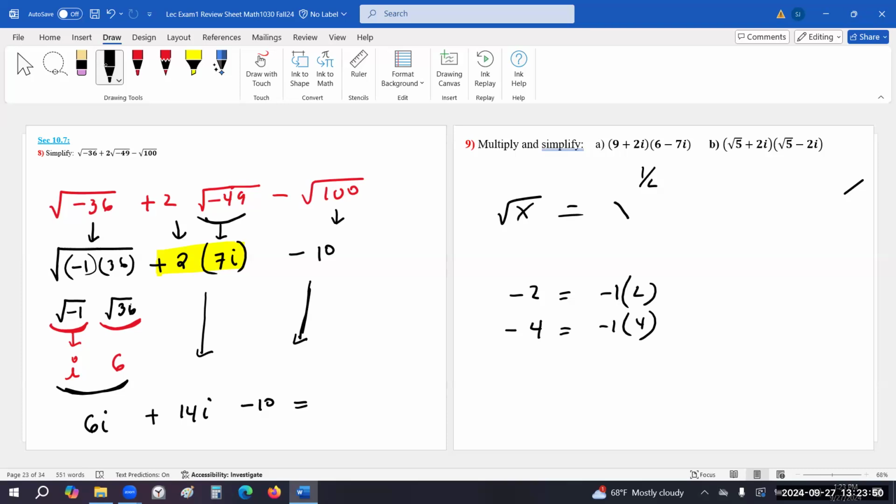And we bring down our extra -10. So do we have any like terms here at the end? Yes. The i's. So how many i's do we have? 20. 6 and 14, right? Yeah. So 20i minus 10. The answer is correct, but the format is wrong. So we write -10 first, and then the 20i.